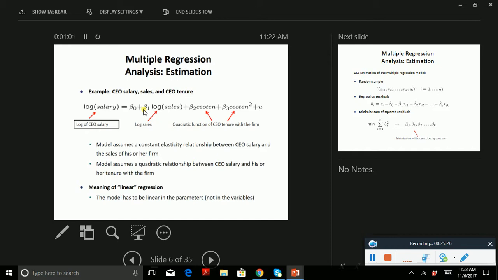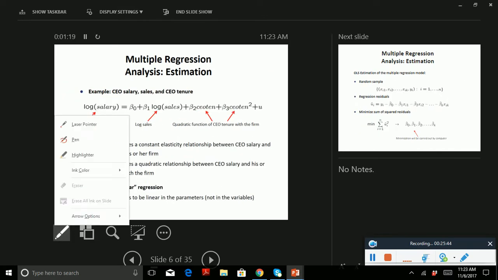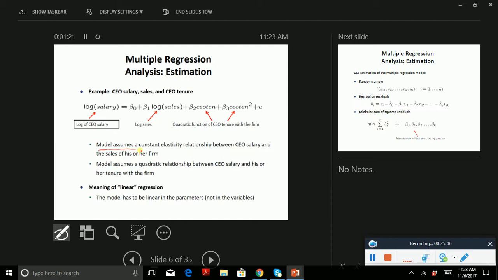So beta 1 would capture the elasticity of salary with respect to the sales. So the model assumes a constant elasticity relationship between the CEO salary and the sales of his or her firm. Okay. And so it assumes a constant elasticity, and that constant elasticity is captured by beta 1, right?